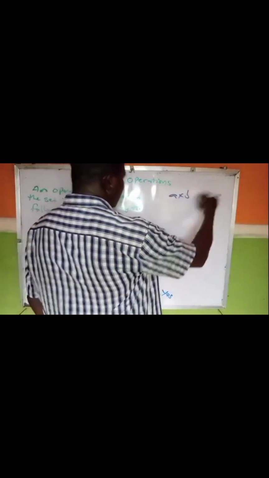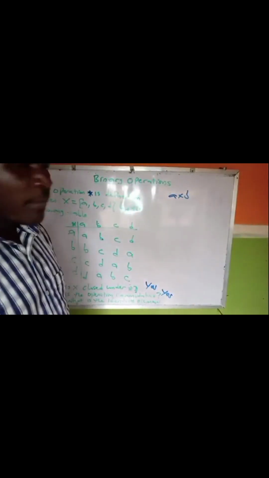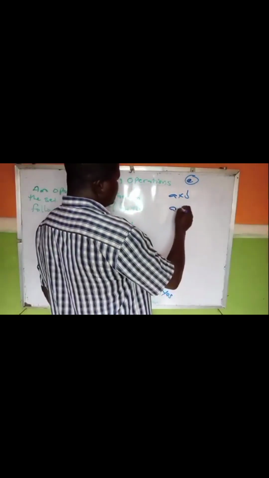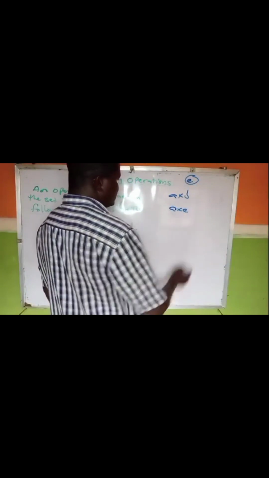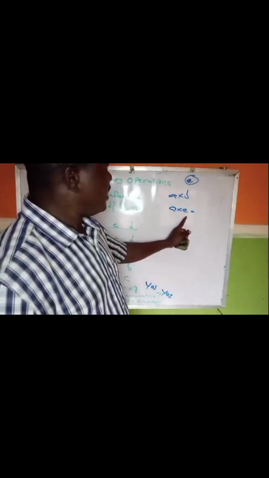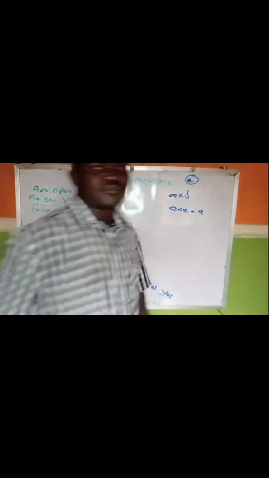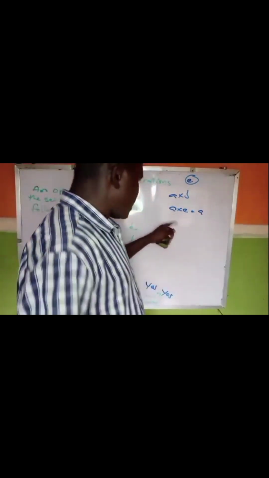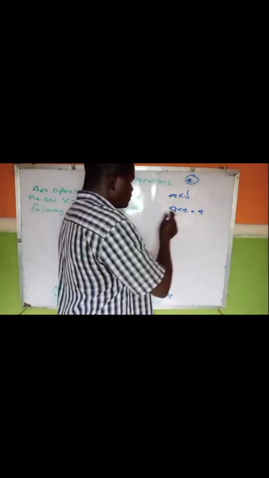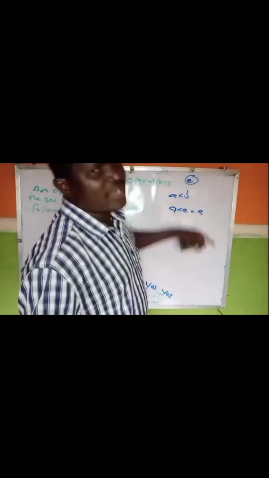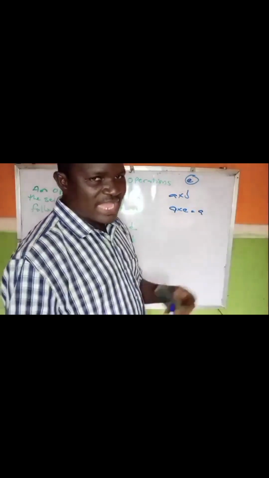Let's say you have A and B. The symbol of identity element is E. So if you multiply A by this element here and you get A back, it means it is the identity element.